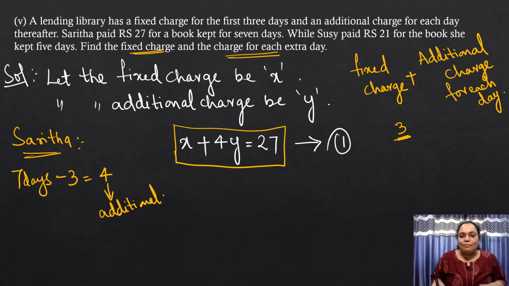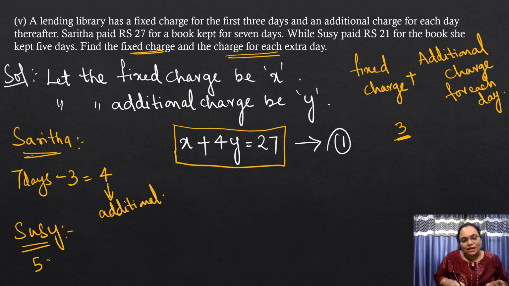Now let us talk about Susie. Susie paid 21 rupees for the book she kept for 5 days. In 5 days, the first 3 days is the fixed charge.